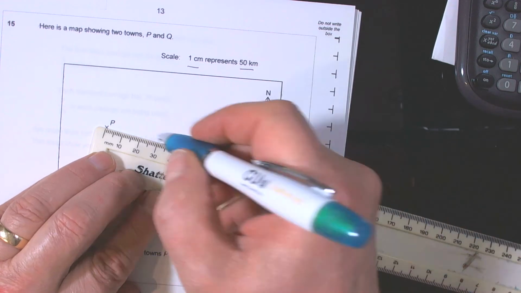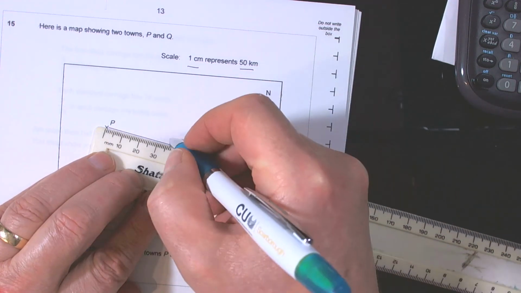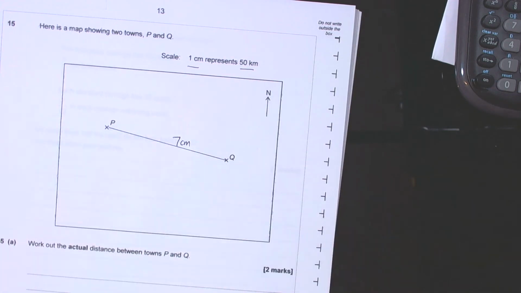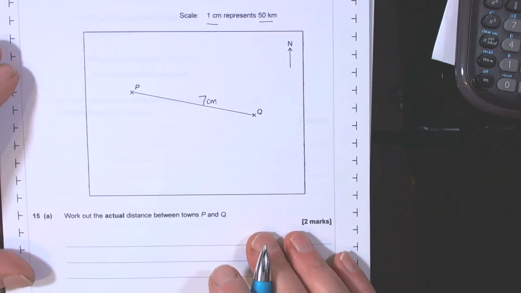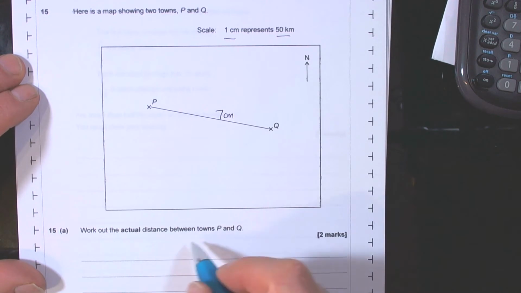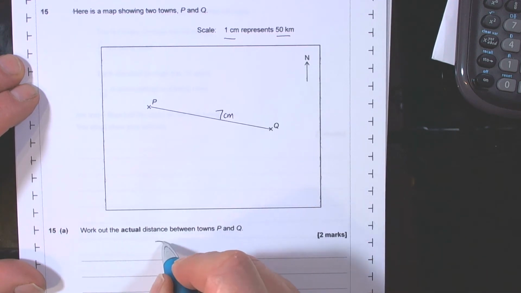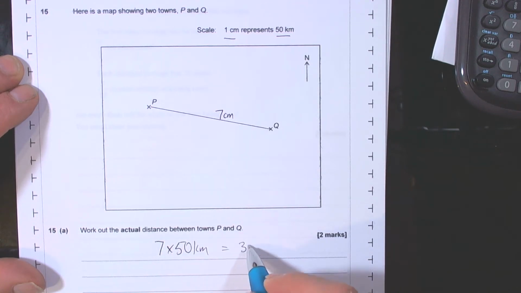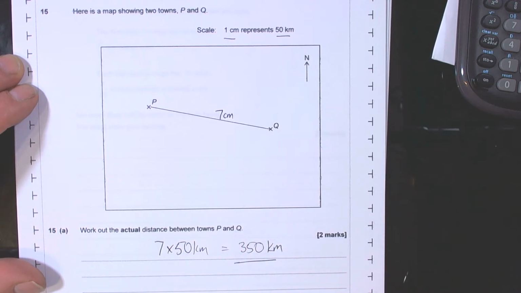So in this case, the distance between P and Q is 7 centimetres exactly. So it says work out the actual distance, and we're going to do 7 times 50, because every centimetre was worth 50 kilometres. So that's going to give us 350 kilometres. Okay, so that's that part of the question.